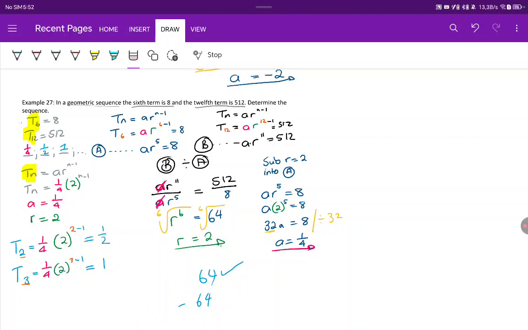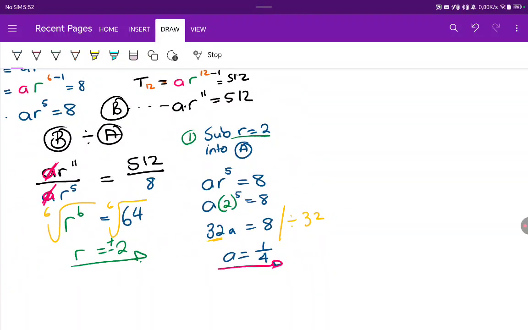What does this mean for us? It means that our answer should actually be typed as plus or minus 2, which means we go here and we substitute. Our first substitute is r equals 2, but then we have to repeat it, and we say, okay, that is if r is 2, but what happens if r is negative 2? Because that's also an option.